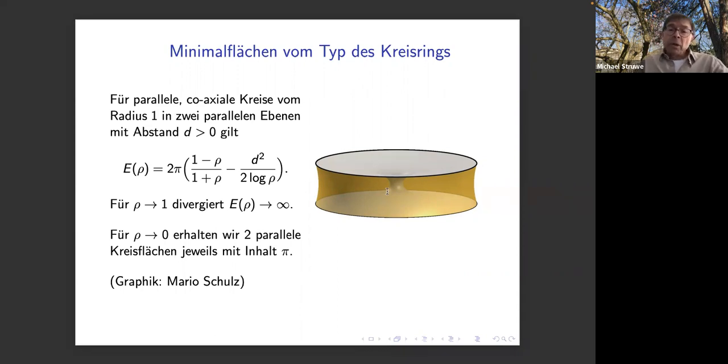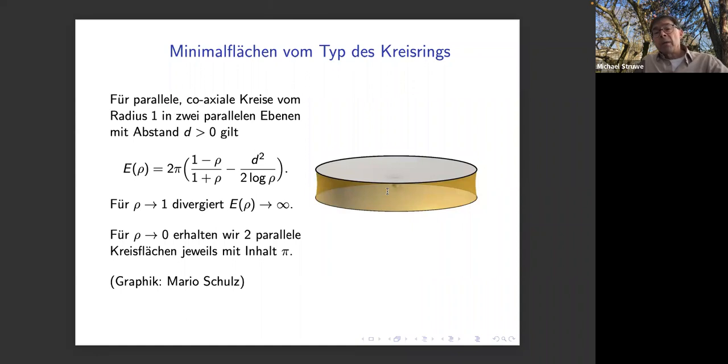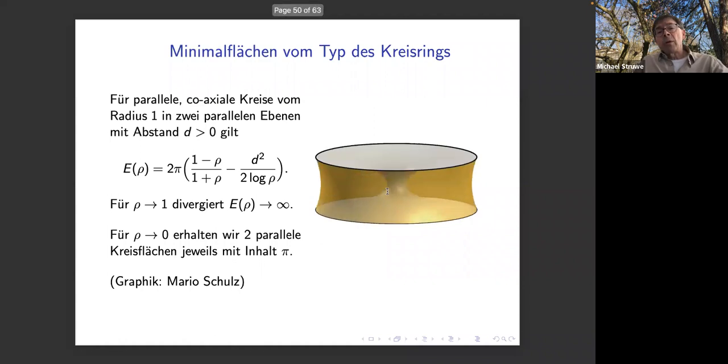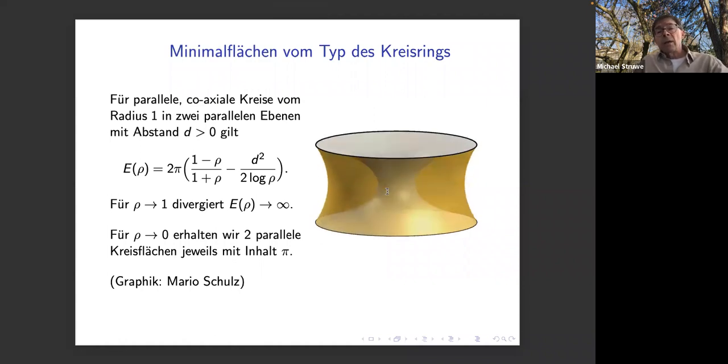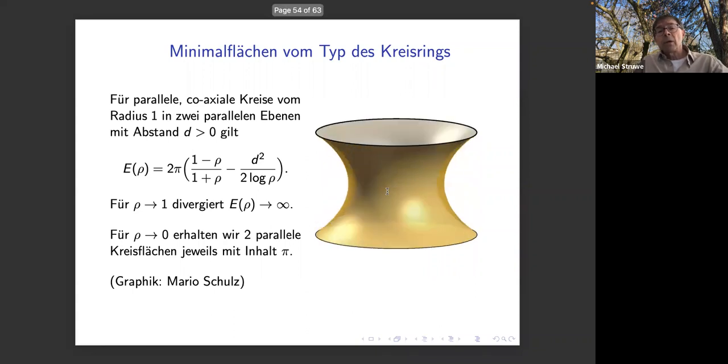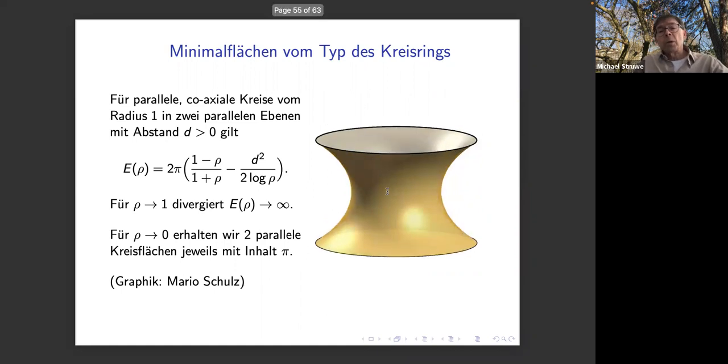And for a small separation distance, it almost resembles the pair of disks that are the topologically degenerate minimal surface that's always around. Okay, so now we pull the curves apart, and you see that the two catenoids come closer and closer, and here they've almost merged.